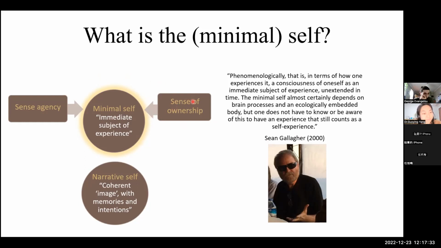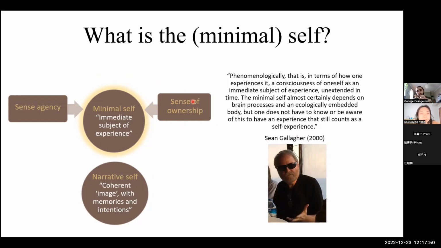So ownership refers more to our bodily experiences and our sensations, just generally about the body. But agency is more intrinsically tied to voluntary action, so the actions that we make with our body and the effects that they can cause.